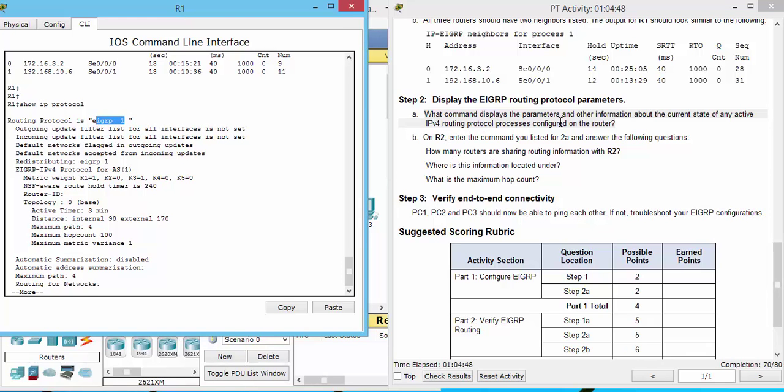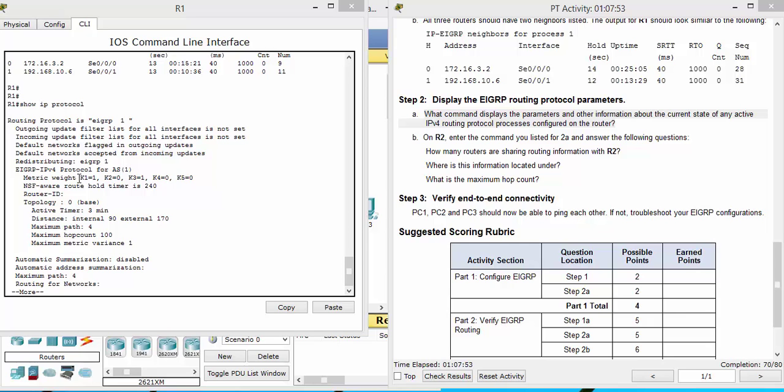So EIGRP 1 is the routing protocol process configured on the router, and the EIGRP metric weights are: bandwidth K1, load K2, delay K3, reliability K4, and MTU K5, and the maximum hop count is 100. So these are the composite metric values.